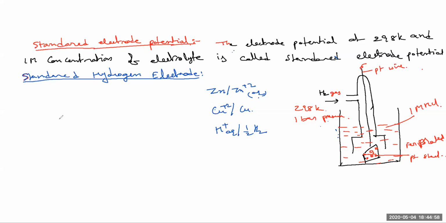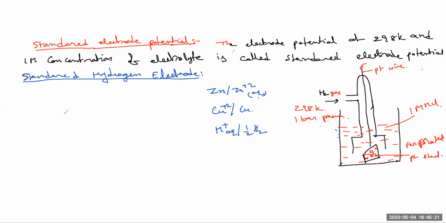Now, what does the standard electrode potential mean? The standard hydrogen electrode consists of, so I am explaining the diagram only, a platinum wire sealed into a glass tube and carrying a platinum foil at one end.